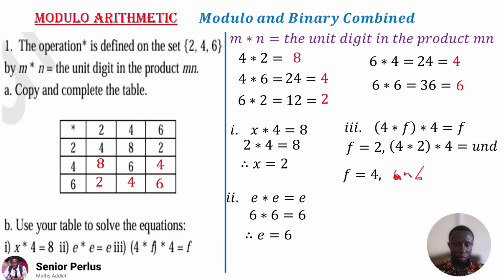Very easy from the table. So that one is 4. Let's check the 6. So here 4 star 6 is what? 4 star 6 is 4. Then lastly, 6 star 4 is 4.